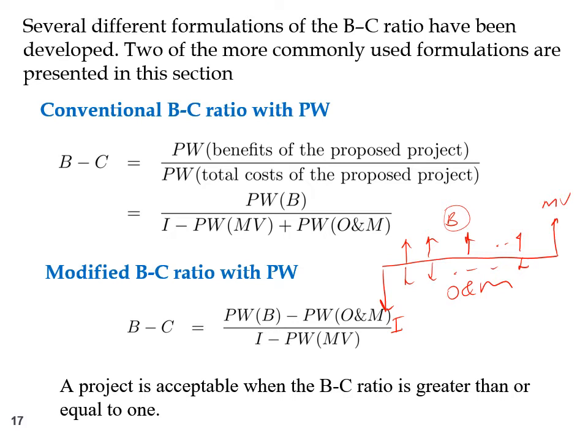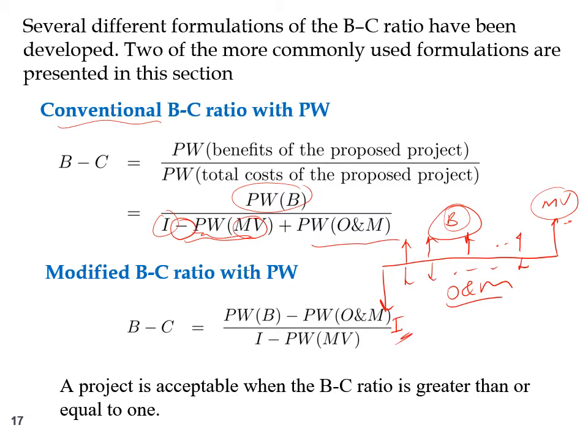Whenever we are talking about a project, we are considering this kind of cash flow. So at the top, we have these benefits. In the denominator, we have this investment cost. As you can see, the present worth of the market value is subtracted here, although it seems to be a benefit. In the conventional method, we used it in the denominator, along with the present worth of the operating and maintenance costs.